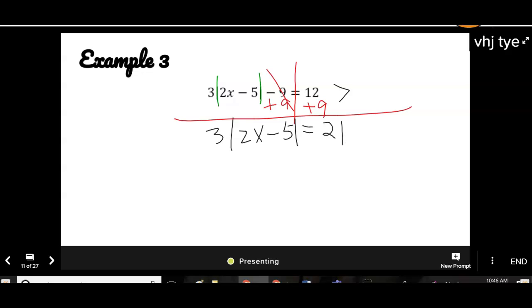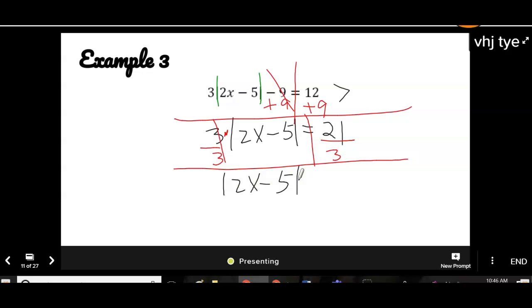And this time, outside of the bars, you still have a 3 to get rid of. How can you get rid of 3? The relationship here is multiplication. So to get rid of multiplication, you're going to do division. Divide by 3 on both sides of the equal sign. So you bring down the bars. On the other side, do the division. You have 7.